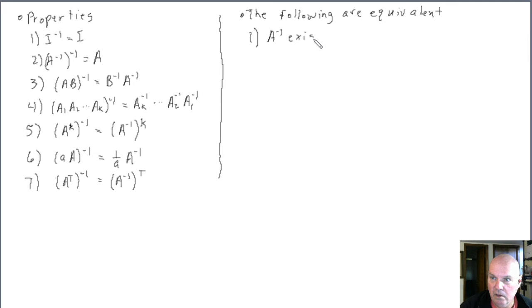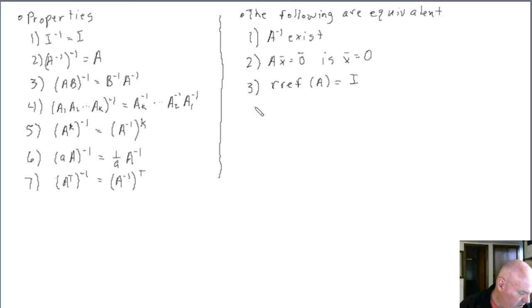The inverse existing is equivalent to saying that the solution to the homogeneous system is x equal to 0. The only solution is the trivial solution if A inverse exists. Equivalently, the reduced row echelon form of A is equal to the identity matrix, that A can be reduced to the identity matrix by a series of elementary operations. That's equivalent to saying that the inverse exists.